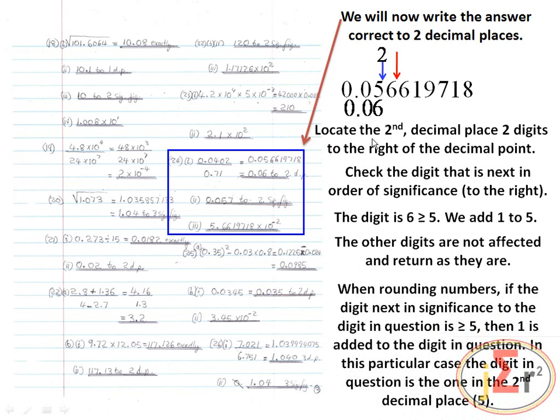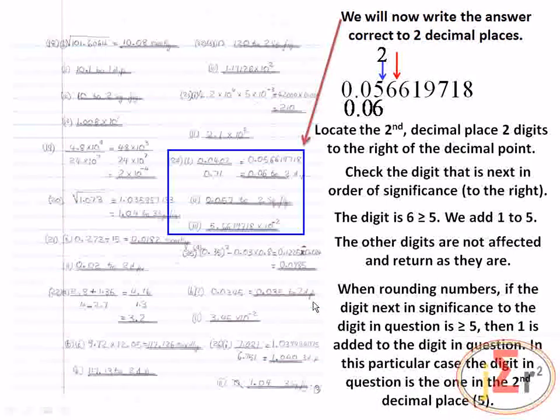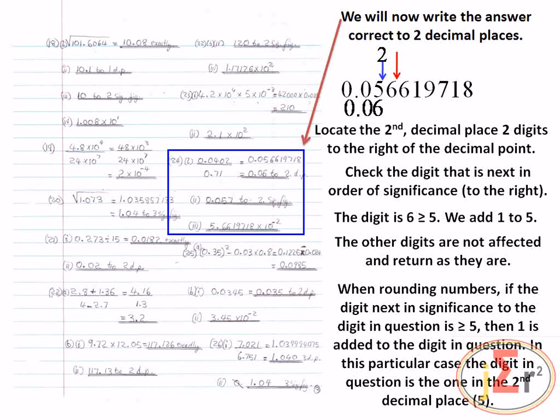0.06. When rounding numbers, if the digit next in order of significance to the digit in question is greater than or equal to 5, then 1 is added to the digit in question.